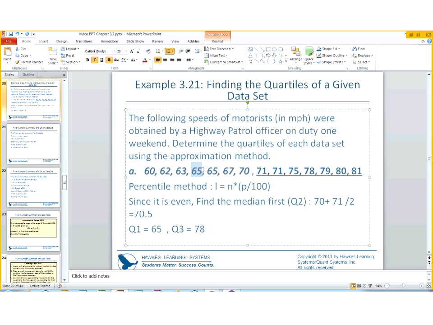The value that I want, the middle value, is 65. So Q1 is 65. To find my Q3, I take the upper data set, and the number in the middle there is 78.